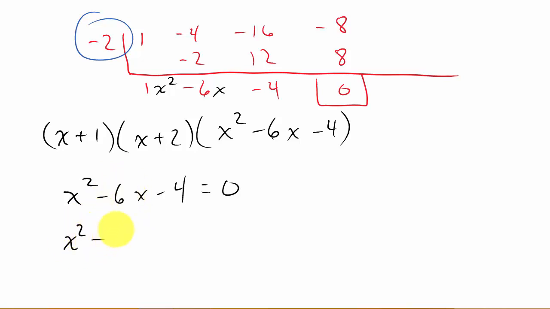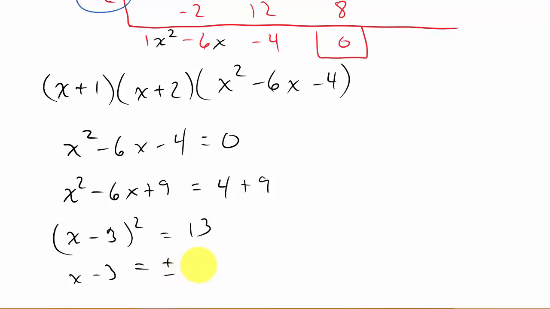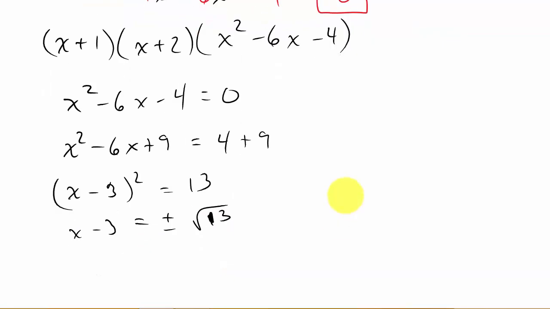So I get x squared minus 6x, move the 4 over. I take the negative 6 and half it, it's negative 3, square it, I get 9, so I add 9 over here. So x minus 3 squared equals 13. x minus 3 equals plus or minus the square root of 13.